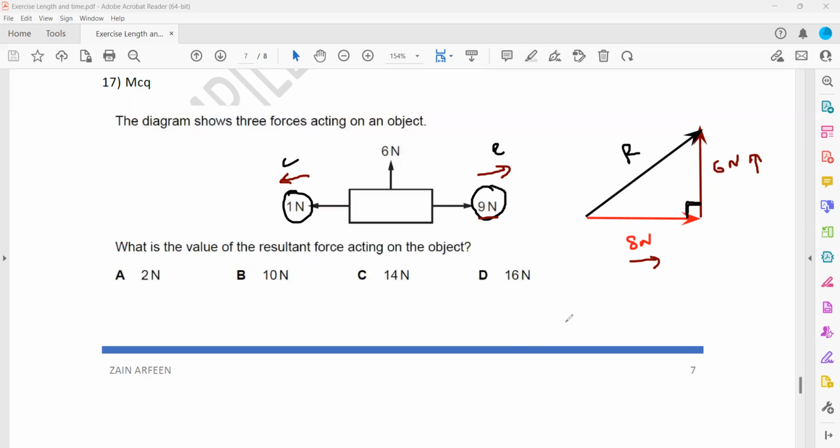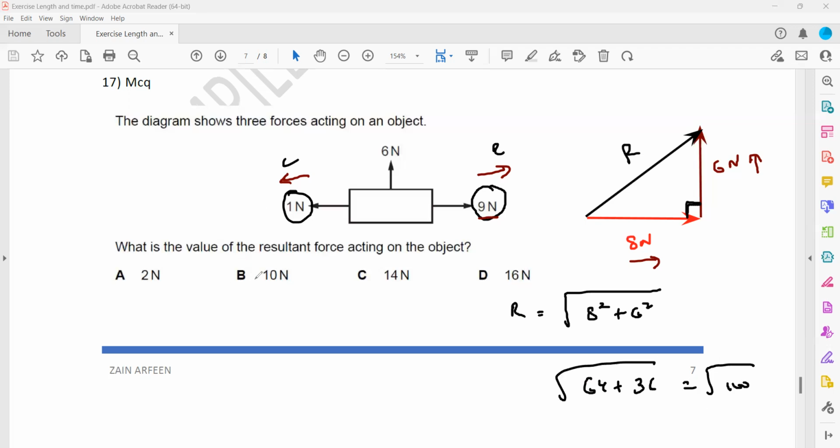According to Pythagoras theorem, the hypotenuse squared, meaning the resultant, equals base squared plus perpendicular squared. So the square root of 8 squared plus 6 squared. 8 squared is 64, 6 squared is 36, so the result will be the square root of 100, which equals 10 Newton. That's why B will be the right answer. Is this question clear? Yes, sir.